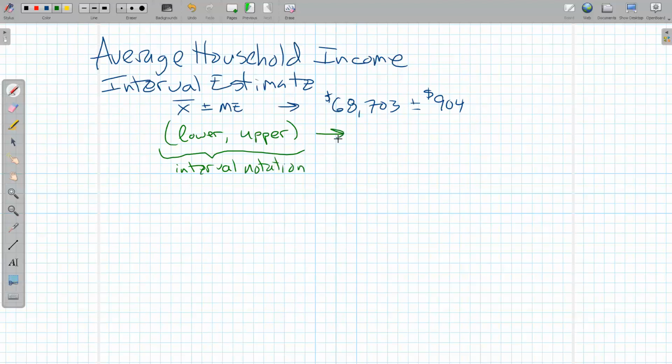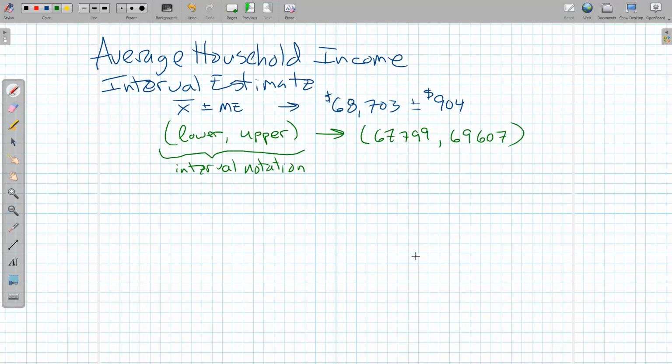So the interval notation for this would be my lower number, 67,799, comma, and this comma here is confusing, so let's not use commas here. And then the upper one: I added this 904 to get the upper, and I subtracted the 904 to get the lower. So that was 69,607.